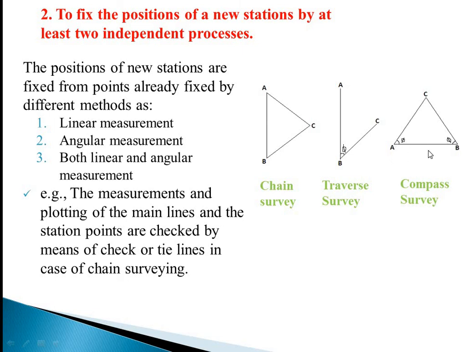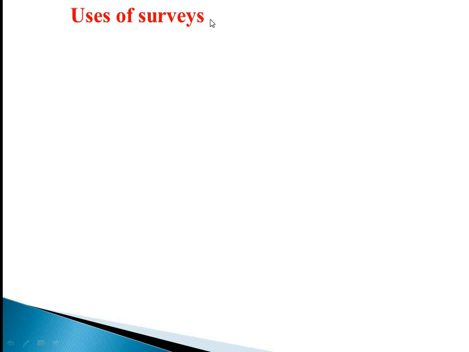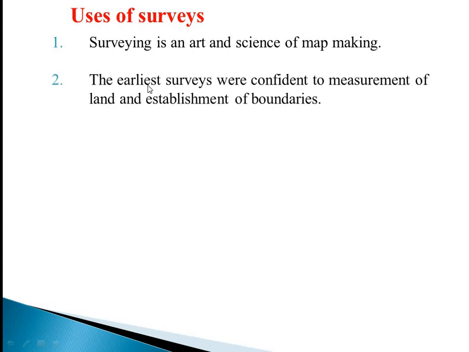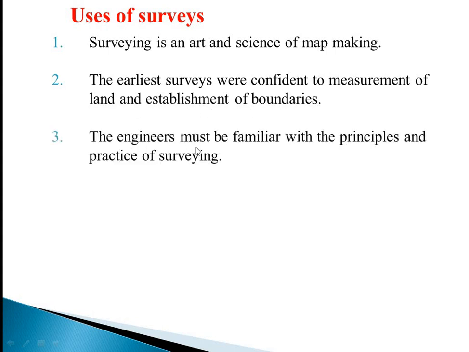That was compass survey. Then coming to the uses of surveys. Surveying is the art and science of map making. The earliest surveys were confined to measurement of land and establishment of boundaries. Engineers must be familiar with the principles and practice of surveying.